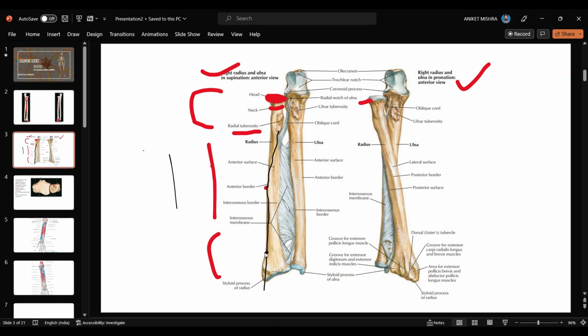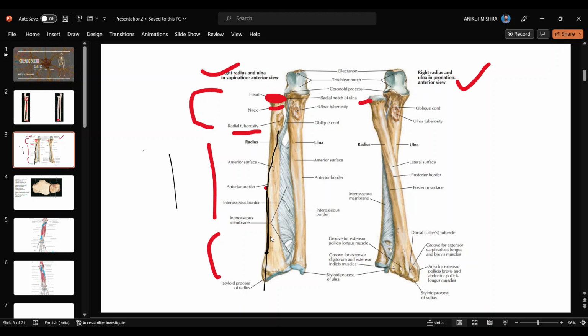It is oblique in the upper half of the shaft, and vertical, or straight, in the lower half of the shaft.